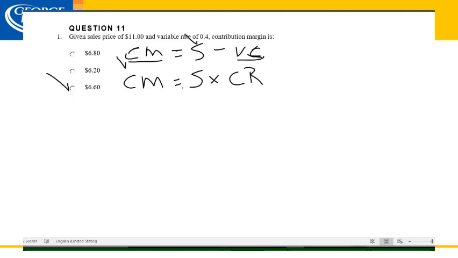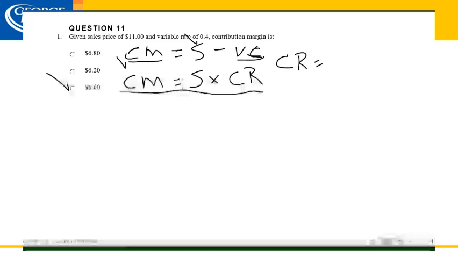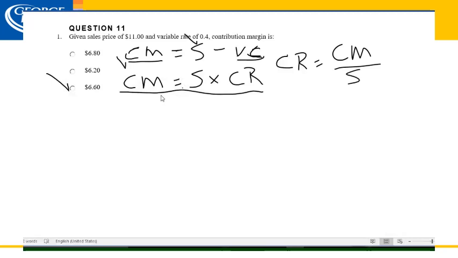To arrive at this formula, we look to our contribution rate formula, which is our contribution margin divided by sales. So all we're doing to isolate for our contribution margin is bringing our sales over to the left-hand side of the equation and multiplying it.